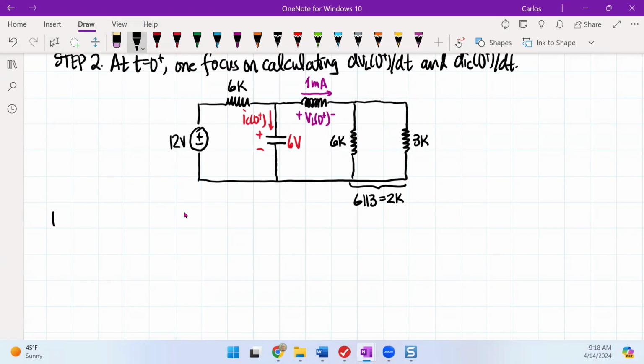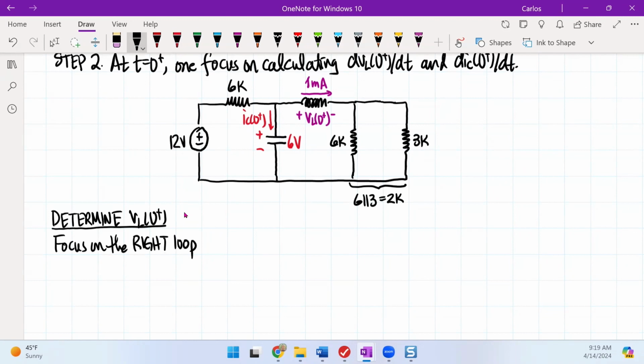I want to determine VL of 0 plus. By the way, I could have determined the current of the capacitor instead; I'm just picking the voltage of the inductor. There's no order here. So now focus on the right loop.